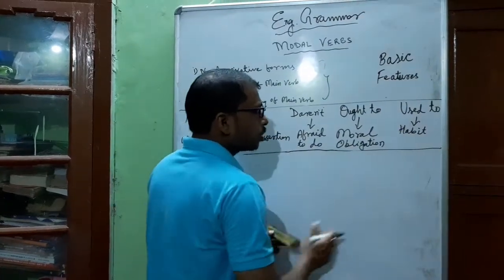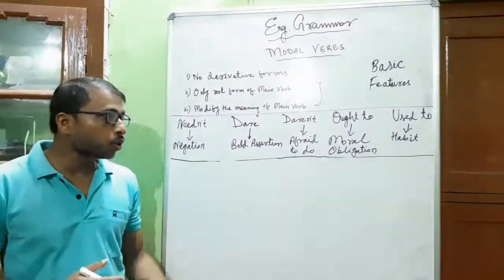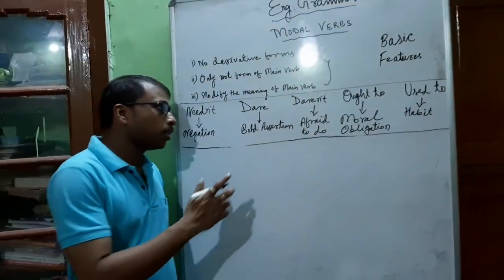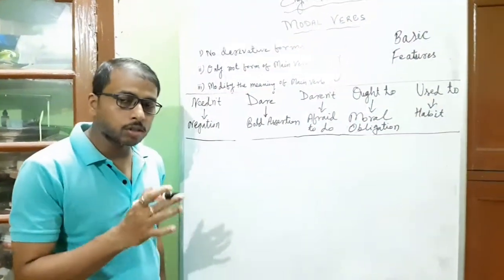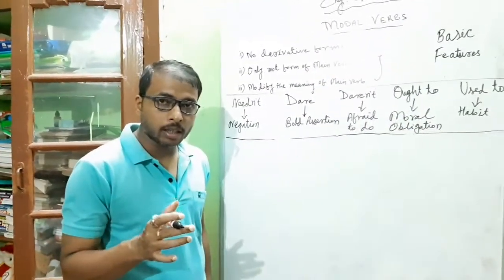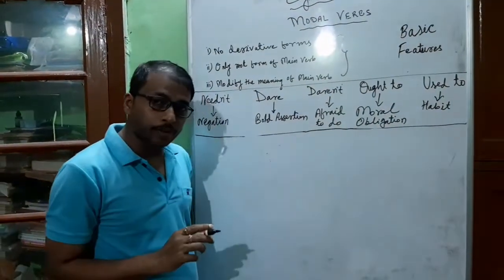The next one is used to. When do we use used to? This is used to denote habitual action or habit, but in the past. Remember, it doesn't have a present form.